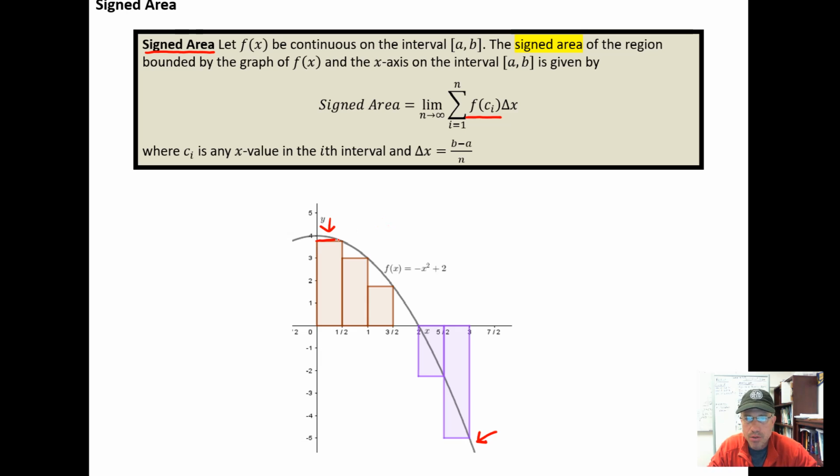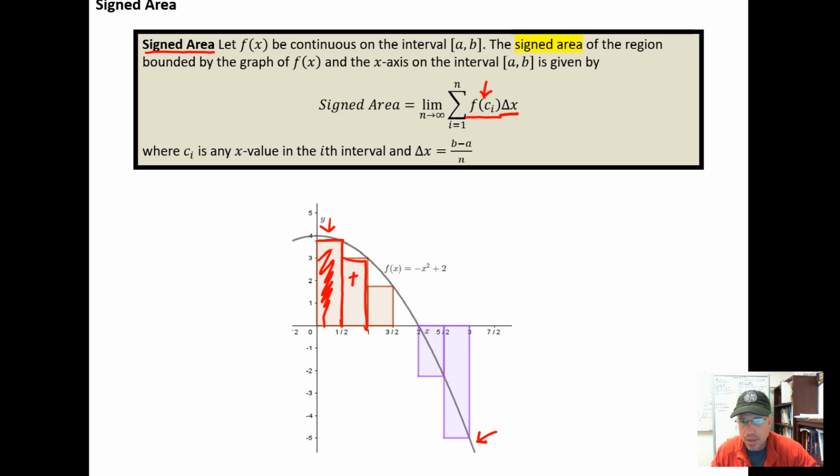If our estimating rectangles are above the x-axis, we get positive area, because our function f evaluated at any c on an interval is positive, and a positive function output times a width gives a positive area.